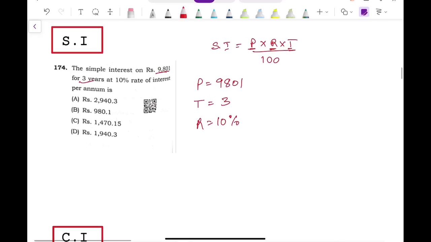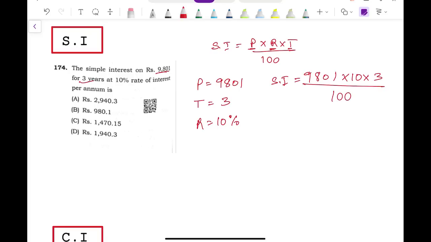So in this case, you just find simple interest. Simple interest formula is principal, 9801, into 3, into rate 10%, and time is 3, divided by 100.